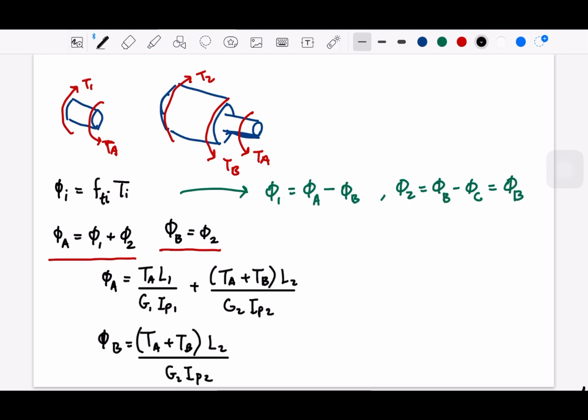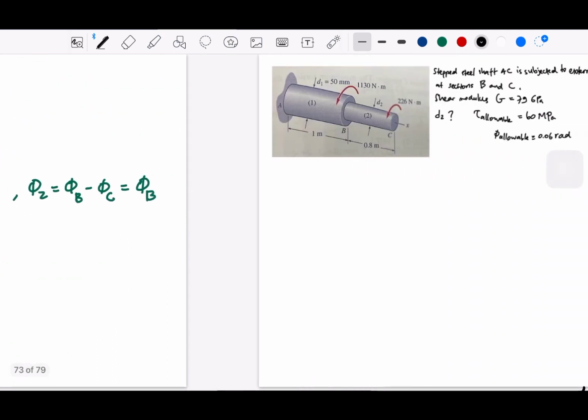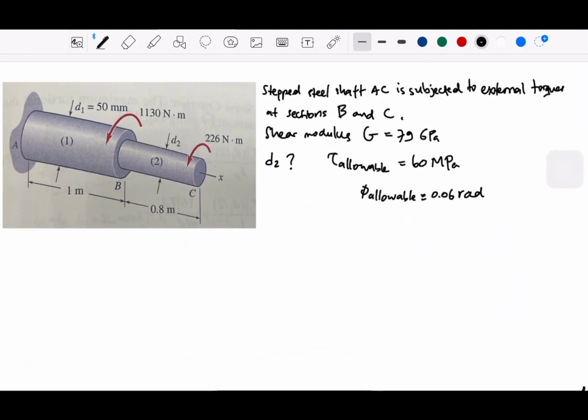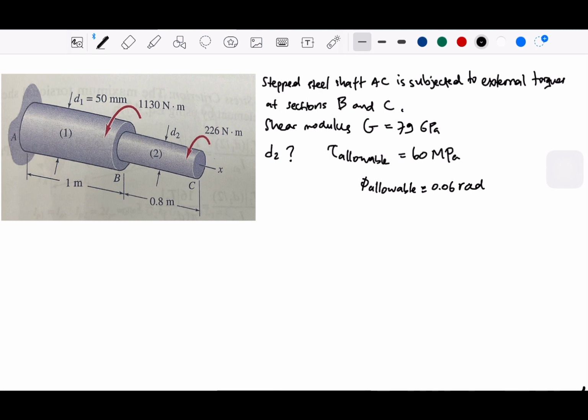Now let's go to a more direct question, a typical question of this type. So this is the question. You have a shape pretty much similar to the previous example, with material 1 and material 2.